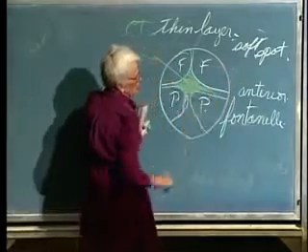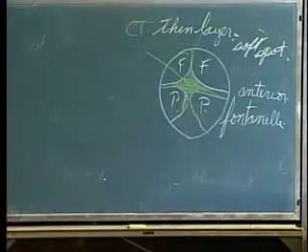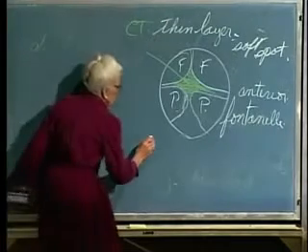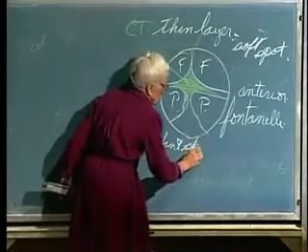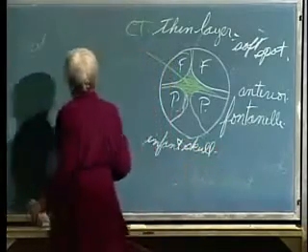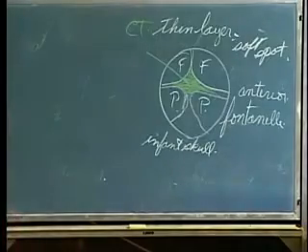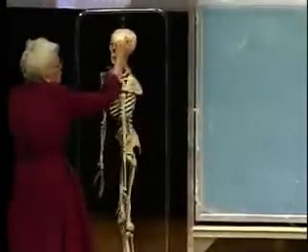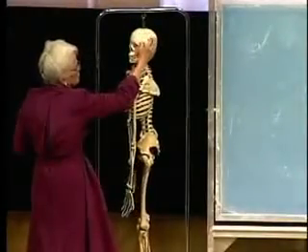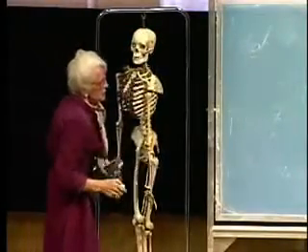And then as you become older, the sutures become firm. But fontanelles are very important in the infant. This is an infant skull. So that gives you an idea about the frontal. As for the parietal, it doesn't have many characteristics other than just forming the wall. Let's next take the temporal bone.